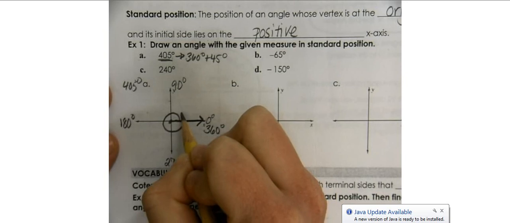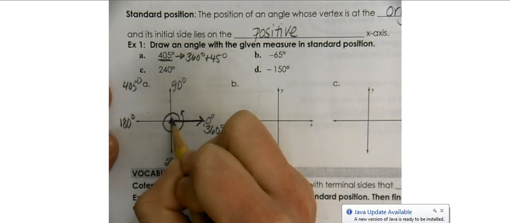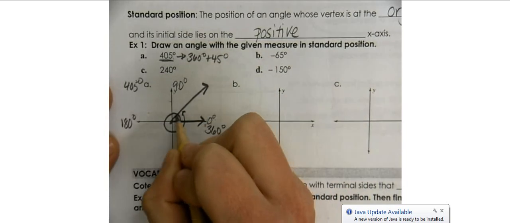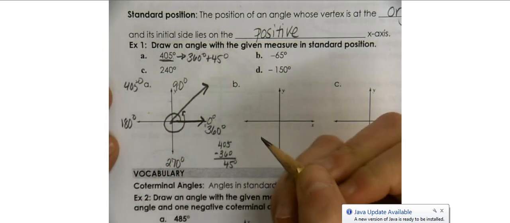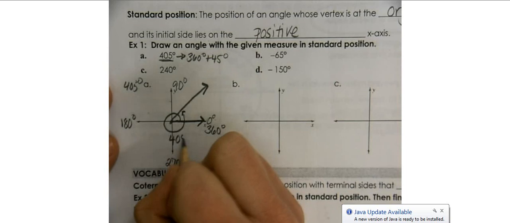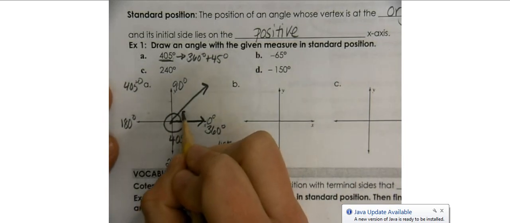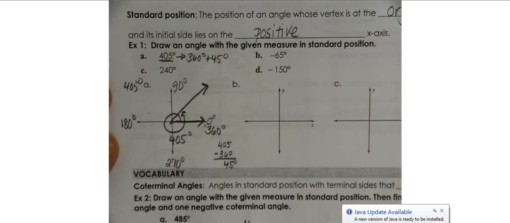So going about halfway, I'm going to draw a little arrow and then an angle coming out of it. And this whole spin right here represents 405 degrees because we travel 360 plus 45 degrees more. So I've just drawn 405 degrees.